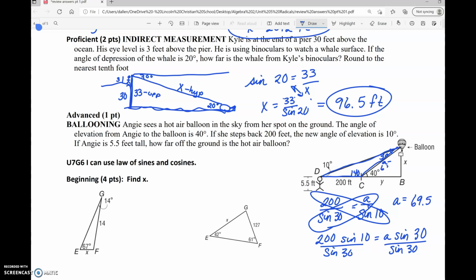So since this is 69.5, we can find x by doing opposite over hypotenuse. Sine 40 equals x over 69.5, and multiply both sides by 69.5.